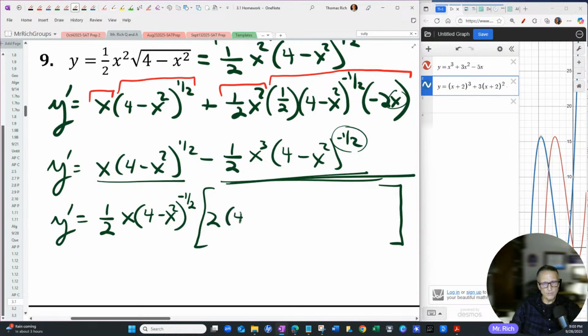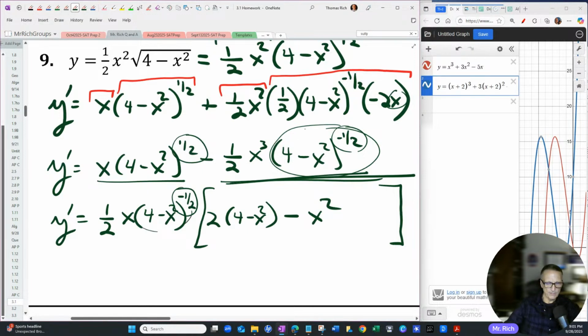And what I will have is 4 minus x squared to the 1 power, because this divided by this would cause me to subtract those exponents, and 1/2 minus negative 1/2 is 1. Over here, the 1/2s will cancel. X cubed over x leaves me an x squared. And that's all that I have, because this got knocked out when I divided it by that.